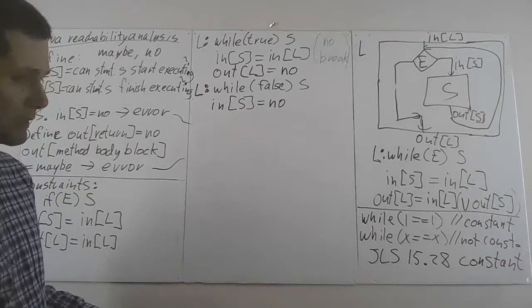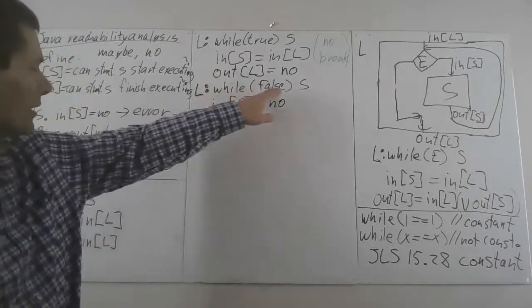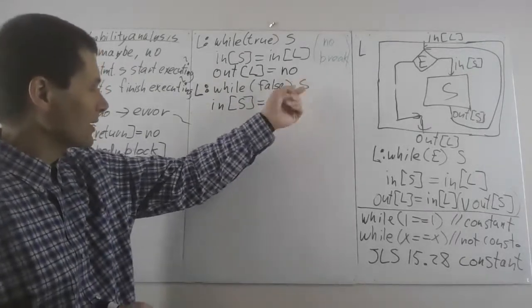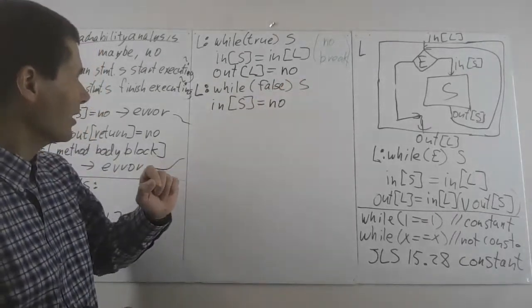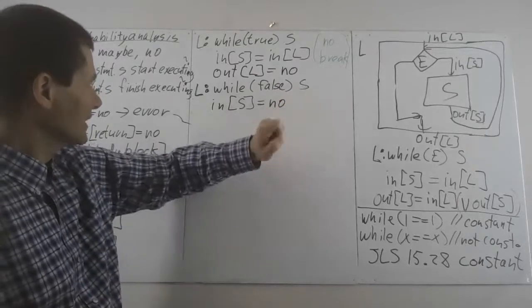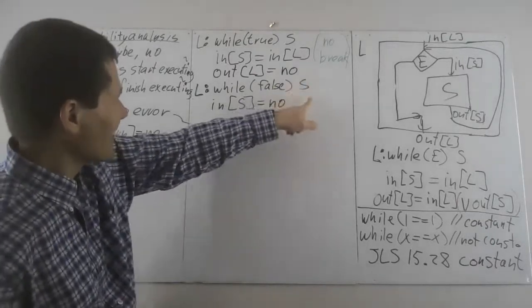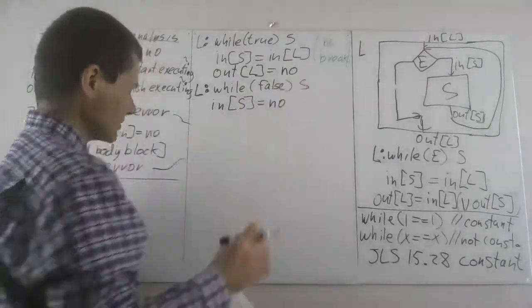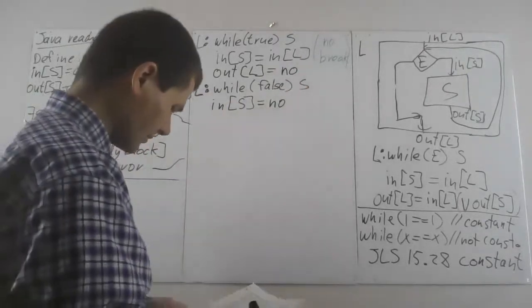And so a while false loop will actually always be rejected unless the body is just a semicolon, right? If there's any actual statements in here, then those statements are unreachable and they cause a compiler error.